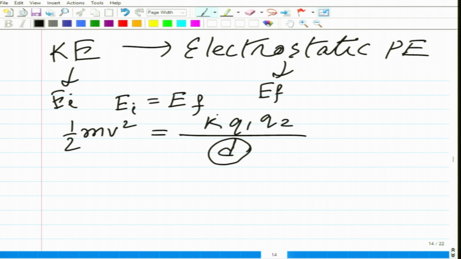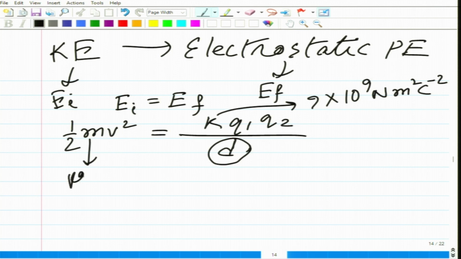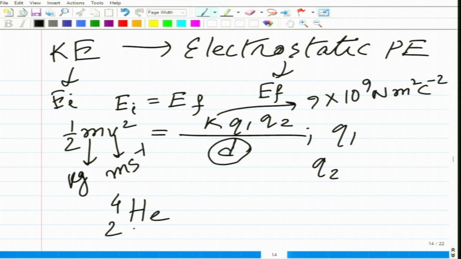So, what is k? K is a constant. K has a value of 9 into 10 to the power 9 newton meter square per coulomb square, that is coulomb to the power minus 2. The mass is in kg and velocity is in meter per second, and we know the value of q1 and q2. If q1 is the alpha particle, what is the alpha particle? Alpha particle is helium, right?